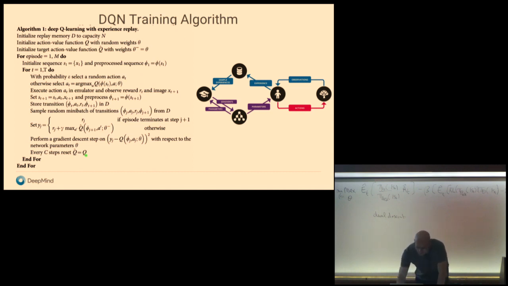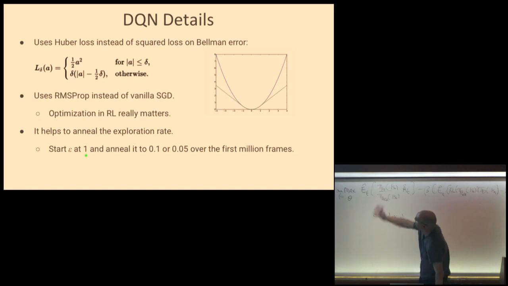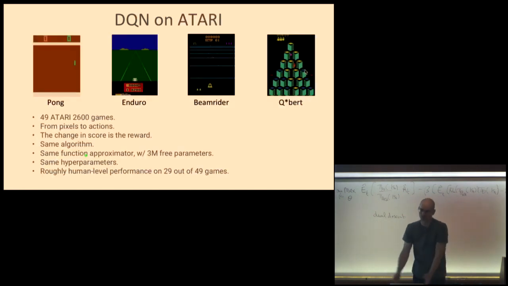So that's Q learning. This was done with Huber loss instead of quadratic loss, and annealing the exploration rate down to 0 or close to 0, using RMSprop instead of SGD. Putting this all in place resulted in the first very big result in deep reinforcement learning, the Atari results from DeepMind, showing it's possible to run this DQN algorithm for a neural network to learn from its own trial and error to play a range of Atari games.